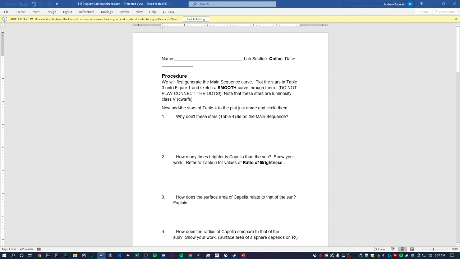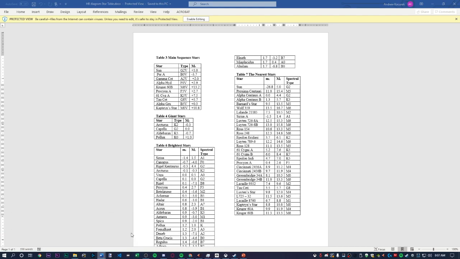Now, add the stars of table 4 to the plot you just made and circle them. So table 4 is going to be these stars. These are 4 stars, and you can see that these are not dwarf stars because they don't have a 5 or a Roman numeral V around them.